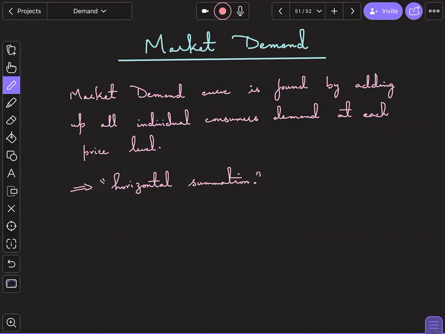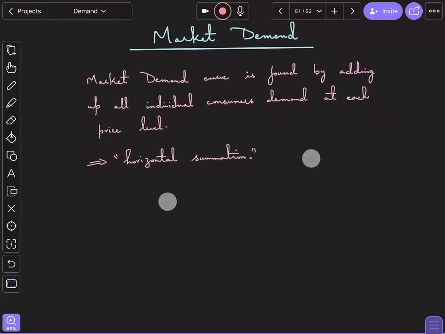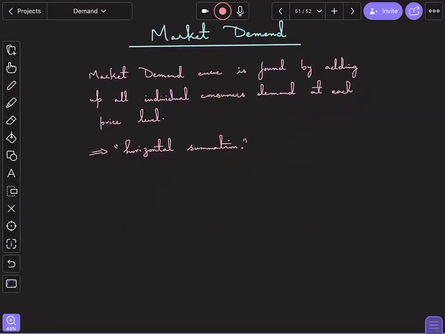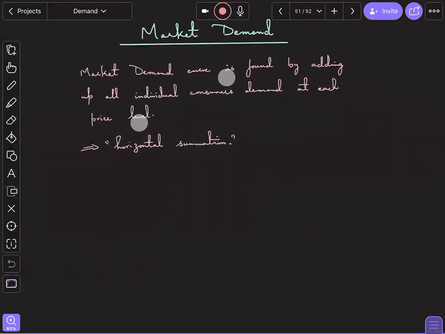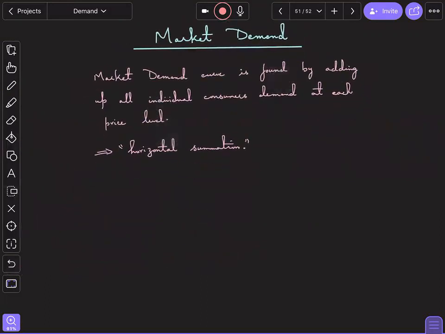So let's say we have demand for public transport, and we divided the public transport into two segments. Let's say we have the male segment and then the female segment.